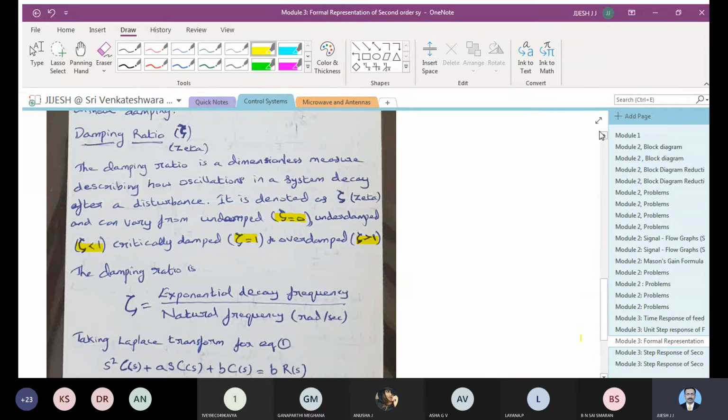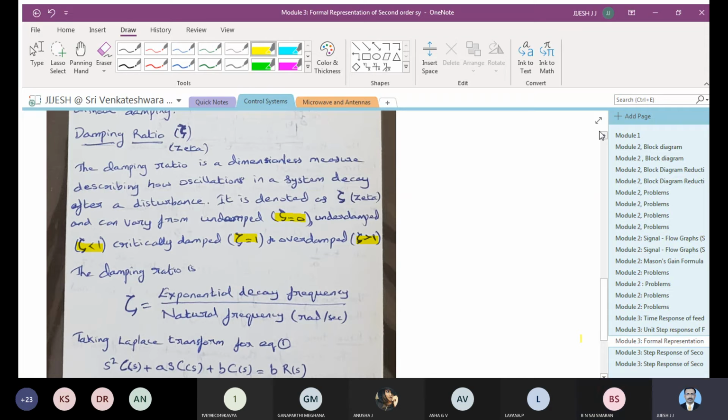In some textbooks, they might have used a different notation. So when you are reading other textbooks, don't get confused with these notations. You can go with the prescribed books, what is there in the syllabus. So zeta is exponential decay frequency by natural frequency in radians per second. You have completed that?